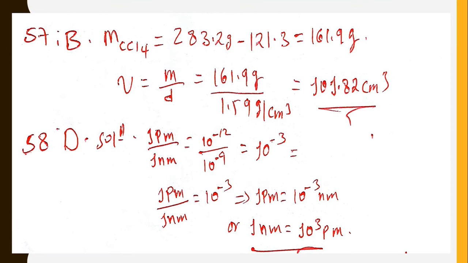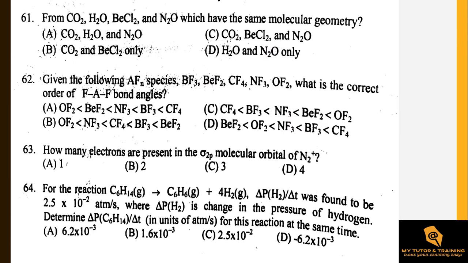Question number 60: from CO2, H2O, BCl2, N2O, which have the same molecular geometry? ተመሳሳይ የሆነ ጂኦሜትሪ ሞለኪውላር ጂኦሜትሪ ያላቸው ማን ናቸው?